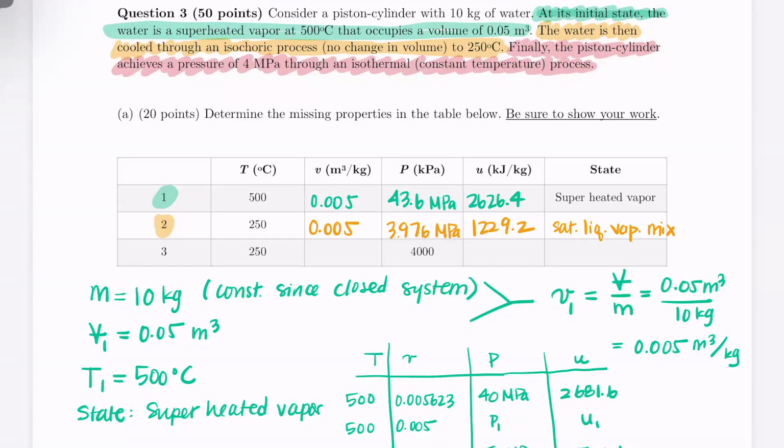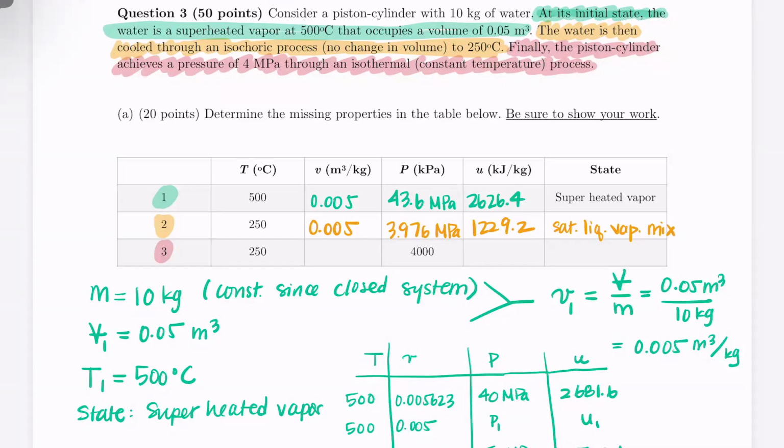Okay. Last state, state 3. All right, so we have that the piston cylinder achieves a pressure of 4 MPa, so I've written 4,000 kPa in that table, through an isothermal process. So this is a constant temperature process, so our temperature stays 250.